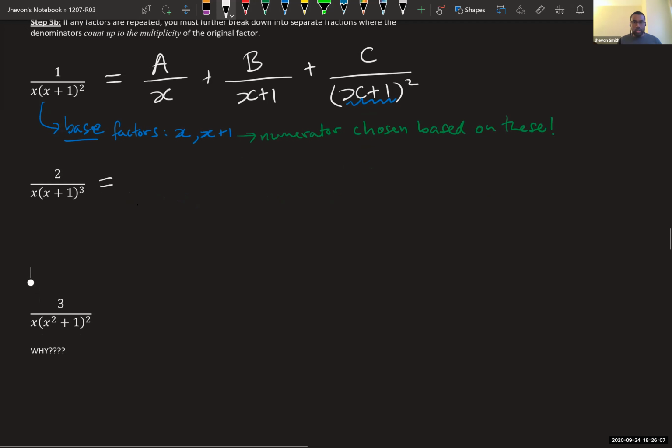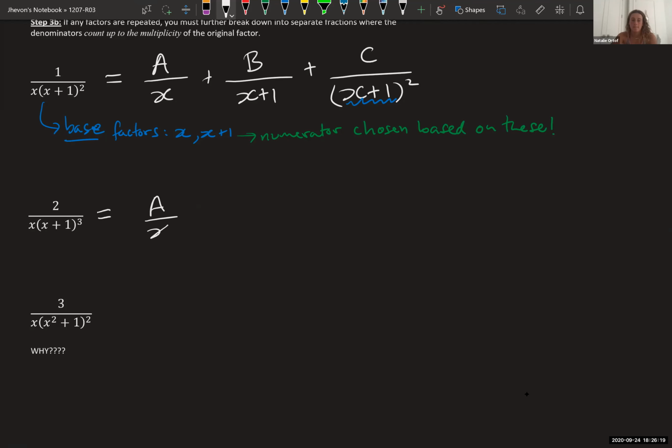Okay, to make sure we understand that, maybe someone can tell me how you deal with this scenario. So that one would be a over x plus b over x plus 1 plus c over x plus 1 squared, and then plus d over x plus 1 cubed.